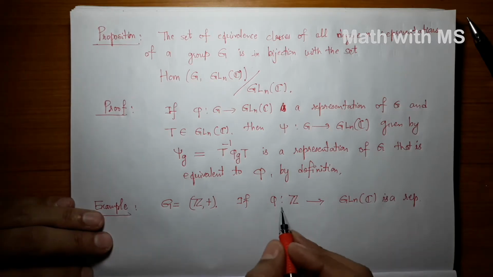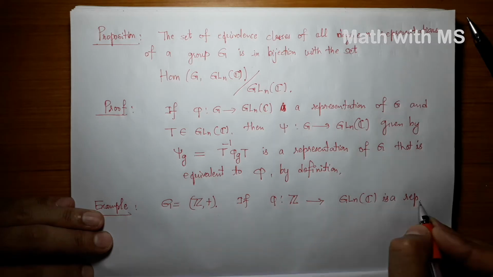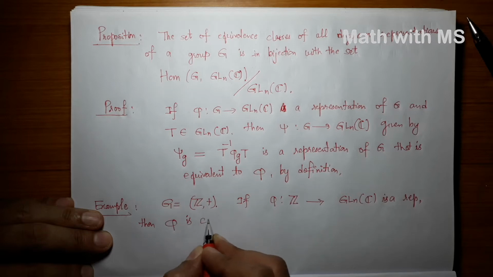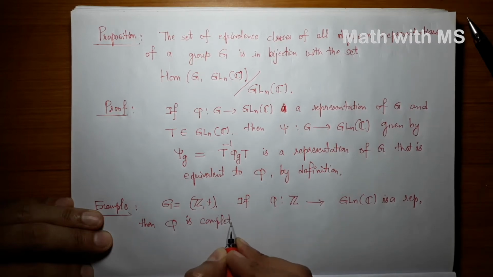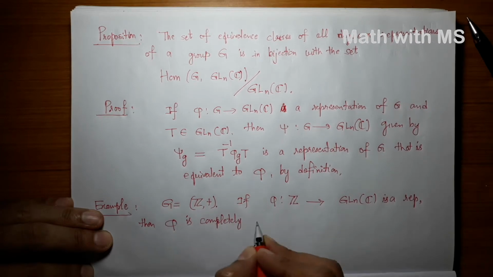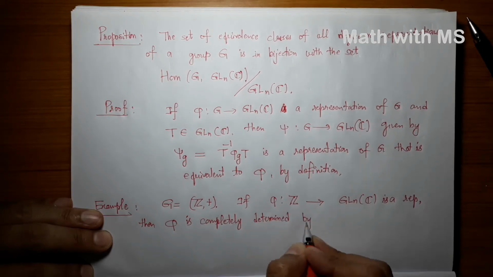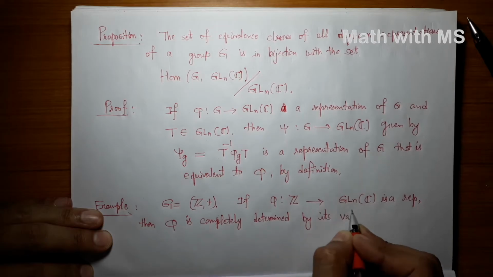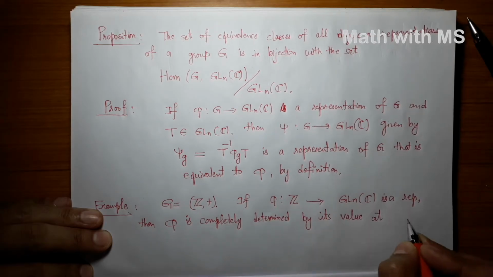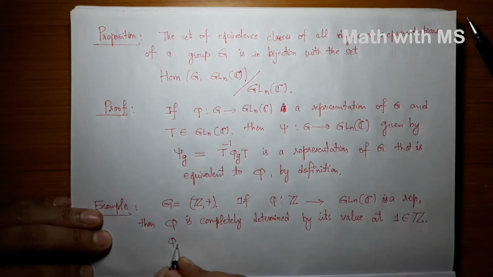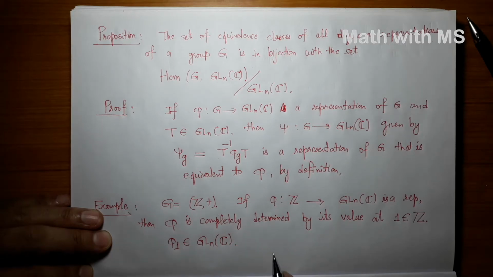Phi is completely determined by its value at 1, which has to be an element of GLnC. You could actually take any element of GLnC.